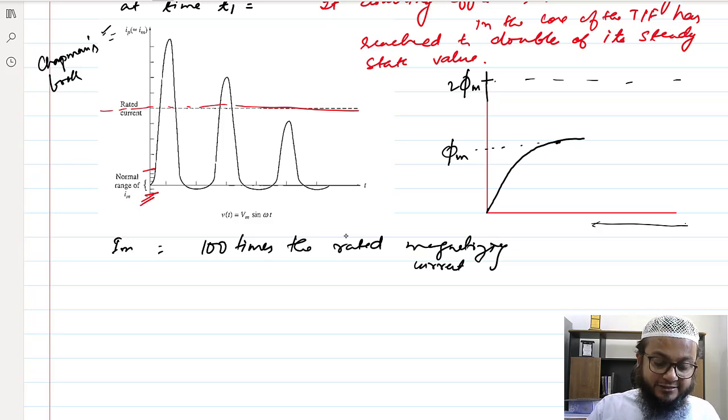But initially, if you see the magnetizing current, that is this much, around 100 times the normal values. After some cycles of the fundamental frequency, this transient condition will die out, and then we will have steady state conditions, where the flux would be phi m.